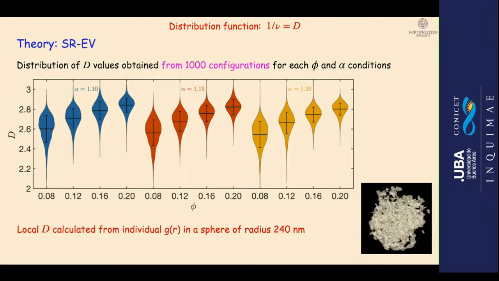Calculating the individual D for each configuration, we can characterize the distribution of D values over the 12 different ensembles. The mean value of the distributions increases with increasing volume fraction and has a small dependency on alpha.